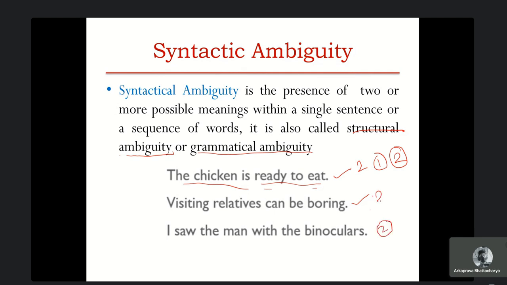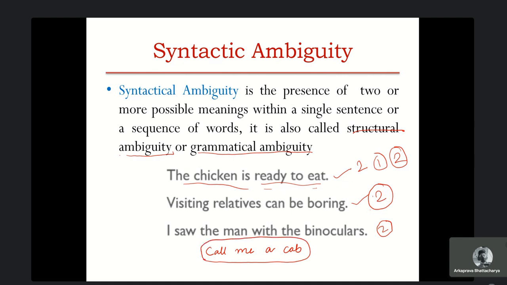So now you can see how ambiguous the sentences and the words are. Can you tell me, call me a cab? How many interpretations can I get for this? Does this one sentence have more than one meaning assigned to it?